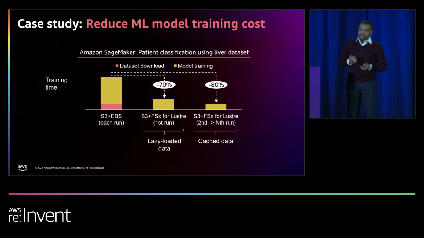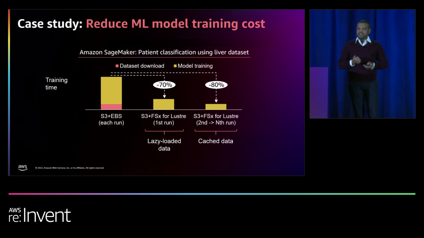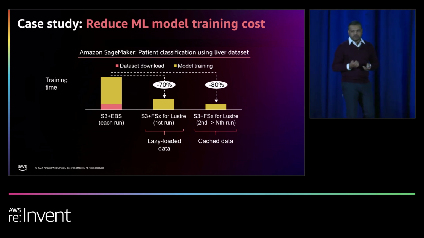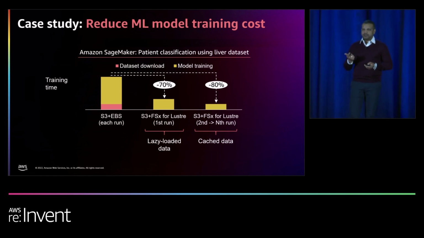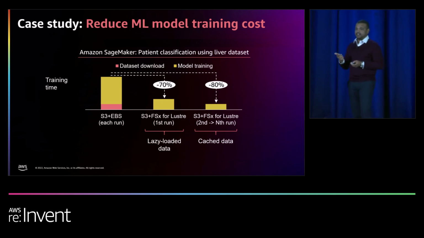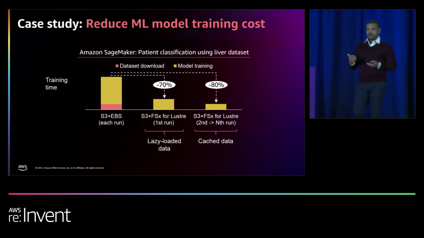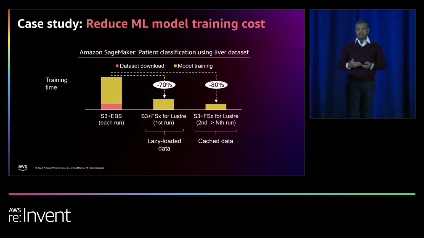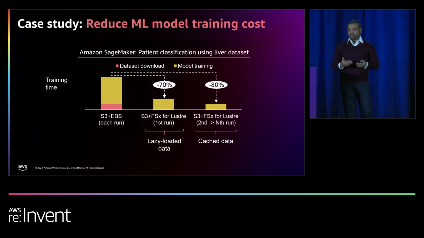The other option is where customers need to stream the data set, right? So they can use fast file mode, or they can use things like WebDataset to stream the data directly from S3 onto the training instances. And what we have seen is that it works really well for sequential data access patterns and for smaller data sets up to half a terabyte in size.